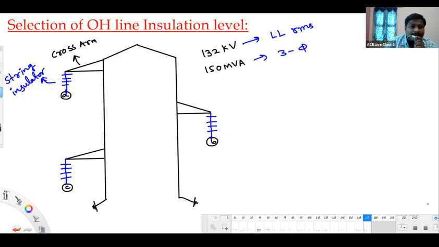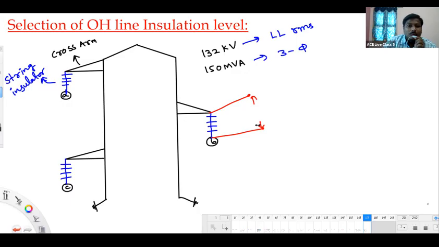Okay, now listen. We are concentrating on selecting the insulation level. Selecting the insulation level simply means checking how much voltage will appear across the insulator. For example, let me concentrate on this phase B insulator. Across this insulator, how much voltage is possible to appear?